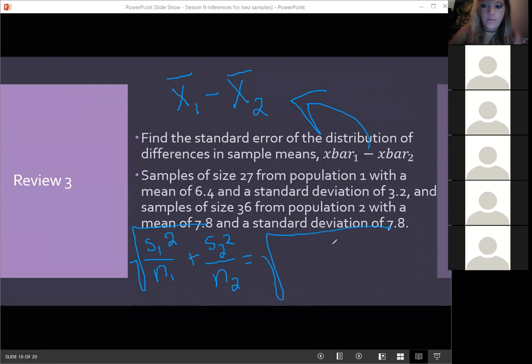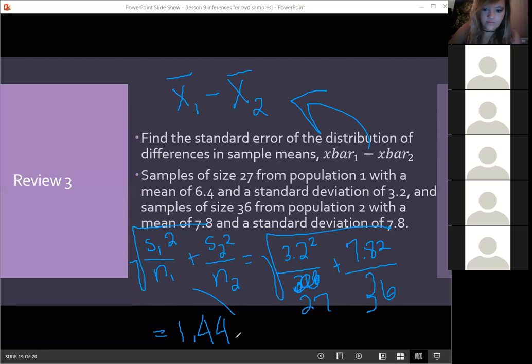So this is going to equal 3.2 squared divided by 27, our sample size, plus 7.8 squared divided by our sample size of 36. And this is going to come out to about 1.44. Does that make sense how we got that one?